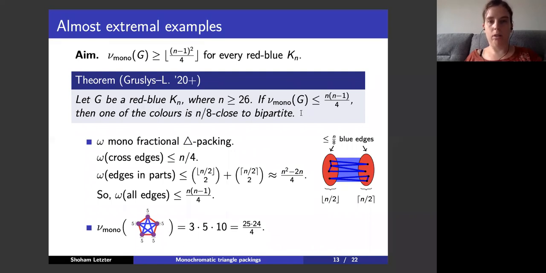Okay, so my plan is to give you an idea of how to prove this. Remember that really our aim was to prove this extremal result, but I will not say much about it. Once you have this, you can, with some effort, get this extremal result.